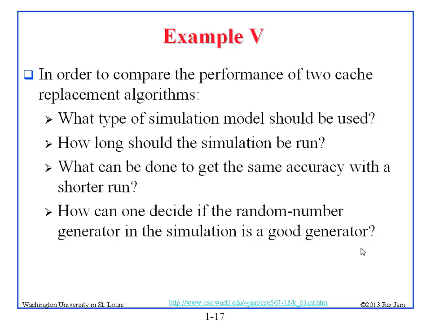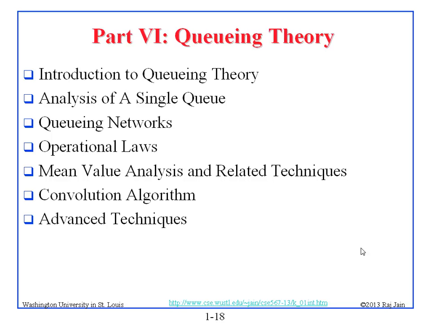That's why it is called an art. And we will tell you how to really find the right length. What can be done to get the same accuracy with a shorter run? How can we decide the random number generator is a good generator? So all that. All right, the final part, queuing theory, and actually an important part.